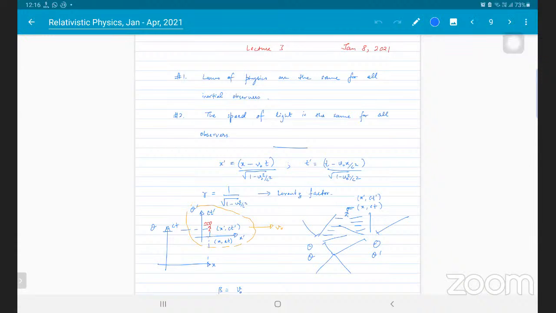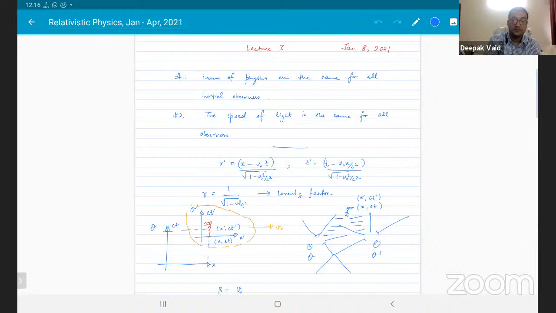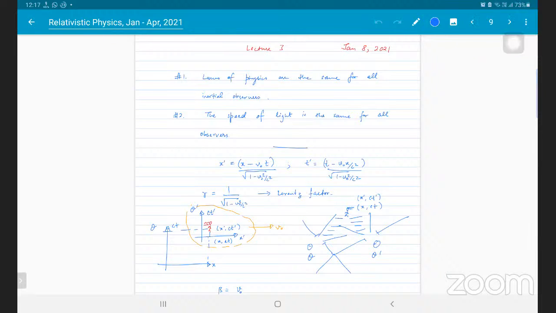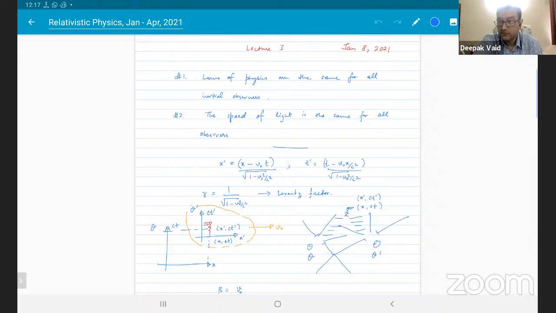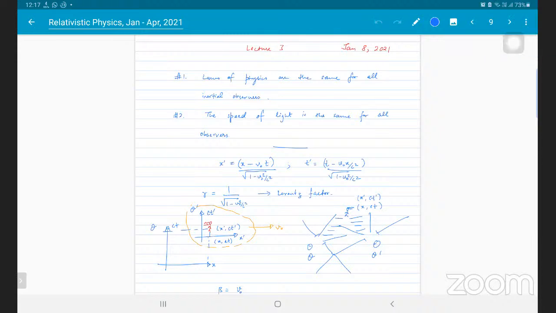Sir, am I audible? Yes, you are. Sir, in Cartesian coordinates, suppose we changed y prime and z prime, still the Minkowski metric would be invariant. What do you mean by we changed y prime, z prime? In this, we assume that x and x prime were moving parallel, so y and z coordinates didn't change in Lorentz.